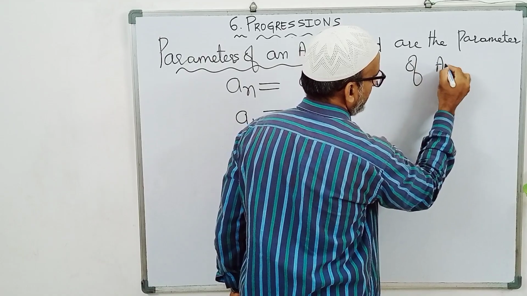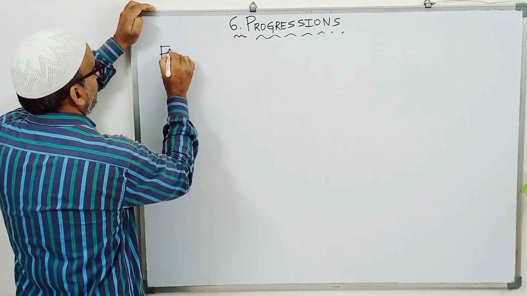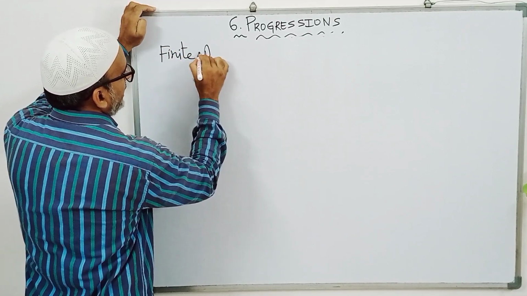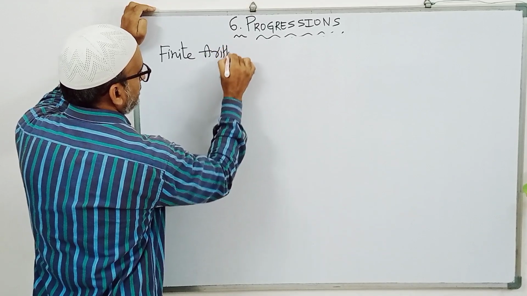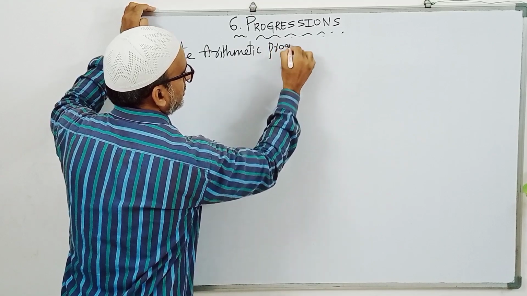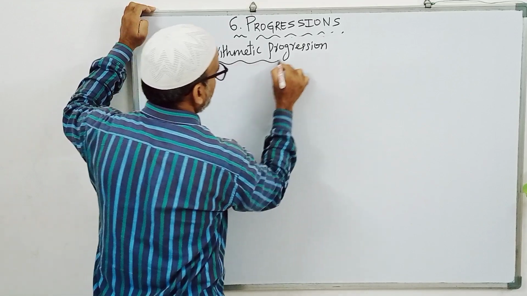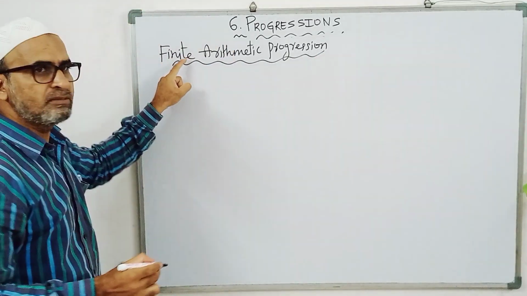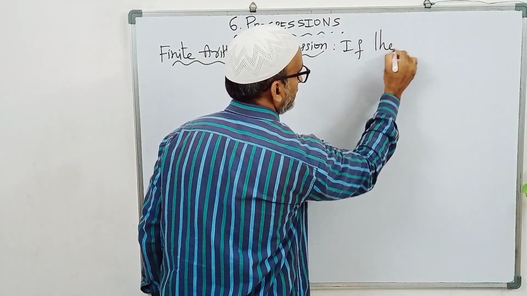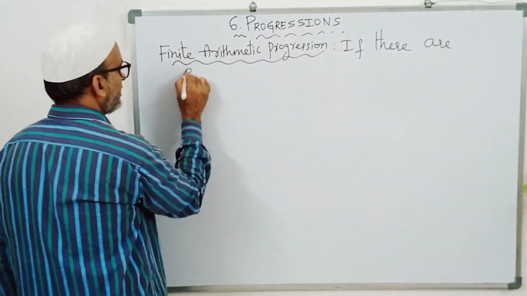of arithmetic progression. Finite arithmetic progression. What is the meaning of this? With the word only you can understand. Finite means if there are a finite number of terms.